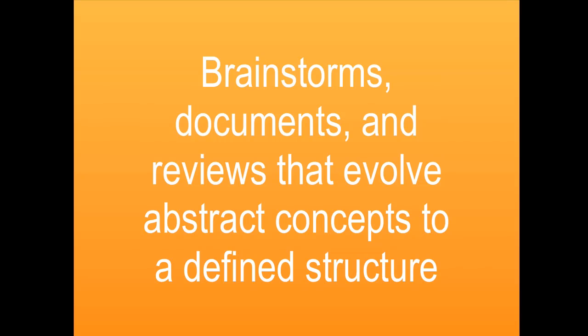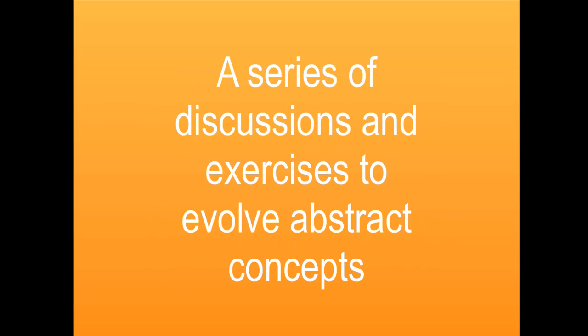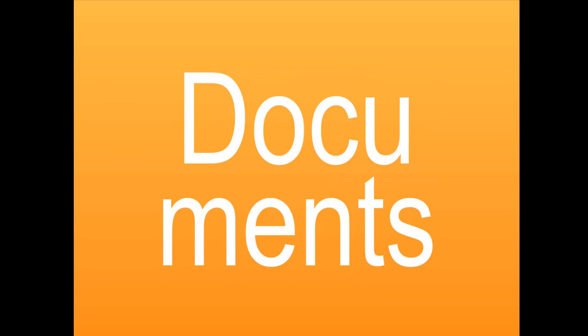So I'm going to go through those three individually right now. First we'll talk about brainstorms. Brainstorms are sessions, meetings that consist of discussions and exercises to start talking about these abstract things. The idea is then to take that abstraction and use documents to make it structured.